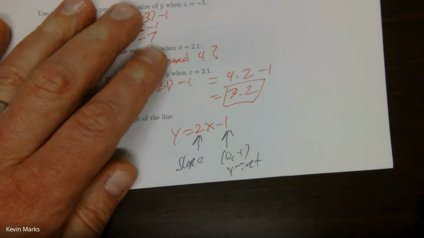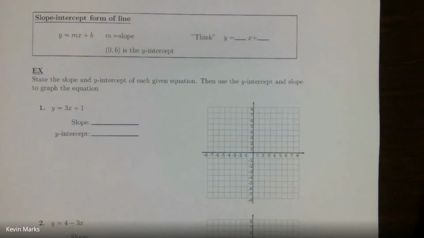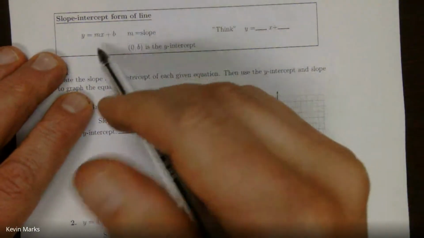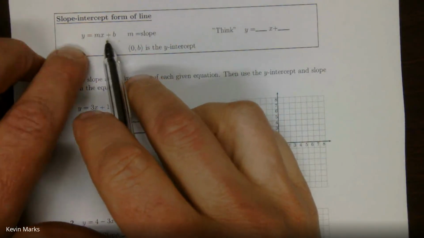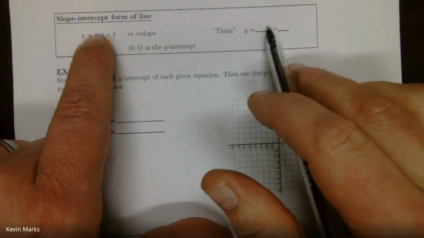Okay. So you may have seen this before. That's what leads us to this form that a lot of people memorize, y equals mx plus b. You may have seen this before, right? Don't get lost with the notation. This is what you want to think: y equals blah x plus blah.